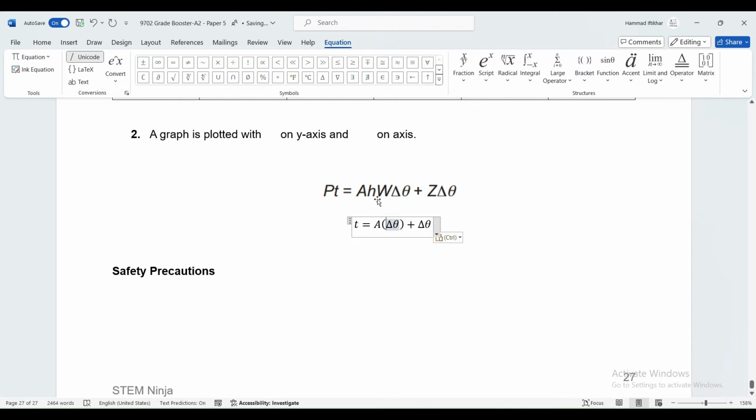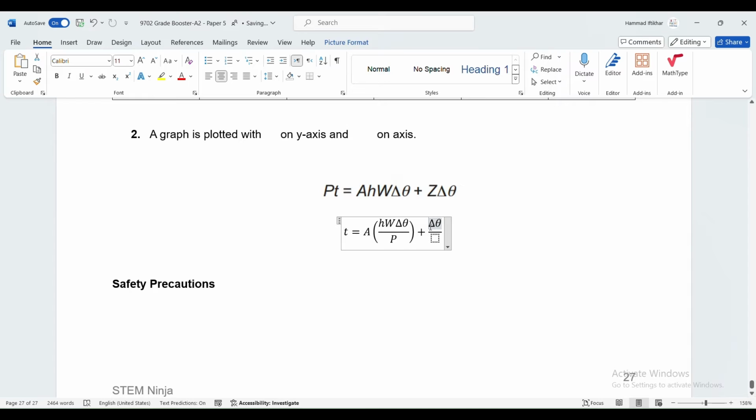Now besides h, we have h, W delta theta a, and a is already there, so power comes in the denominator over here. And similarly, we have capital Z, and then power in the denominator.